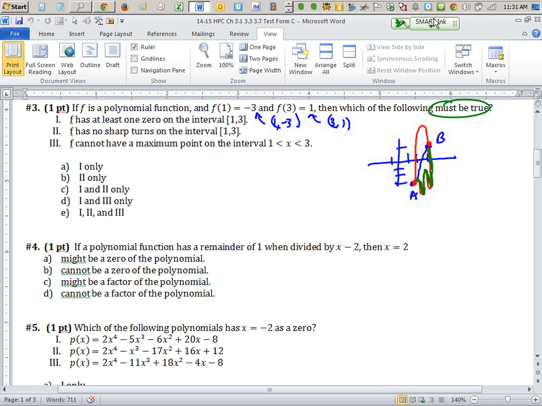Is it true that f has to have at least 1 zero between 1 and 3? That means an x-intercept. Yes. No matter what, if you're going to go from A to B, you're going to have to cross through the x-axis. So we can definitely assume that there's at least one x-intercept between 1 and 3. So that's definitely true. Has no sharp turns.